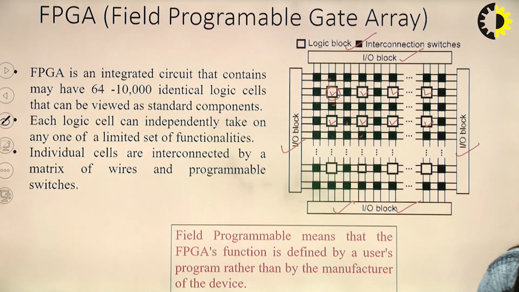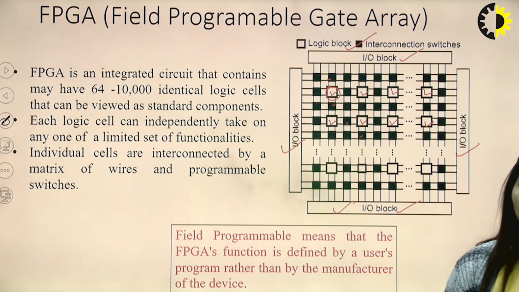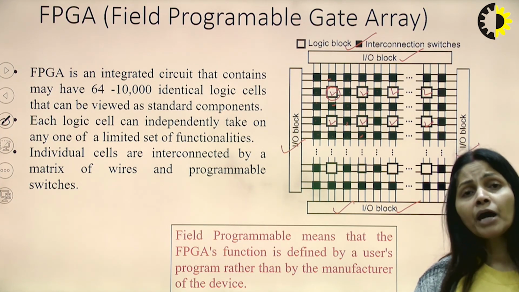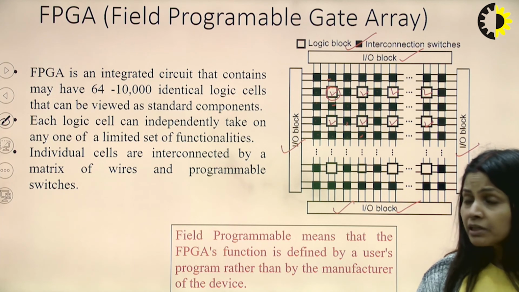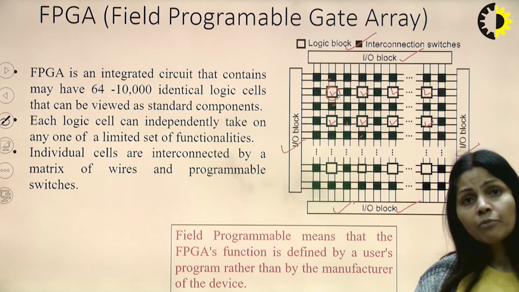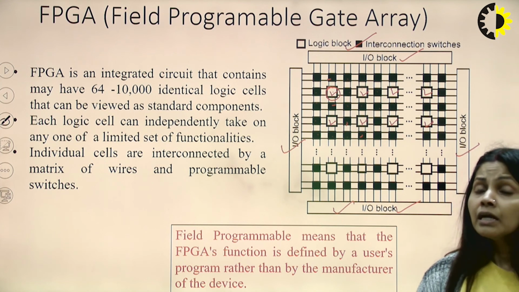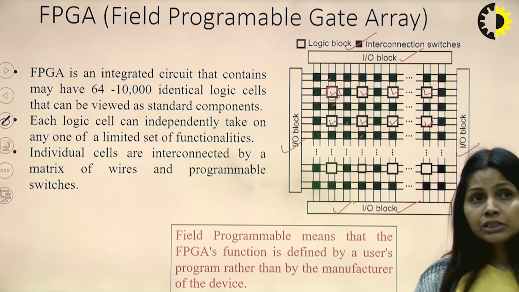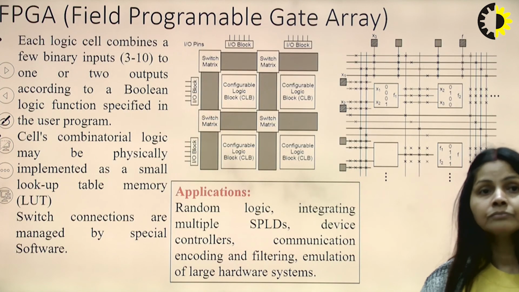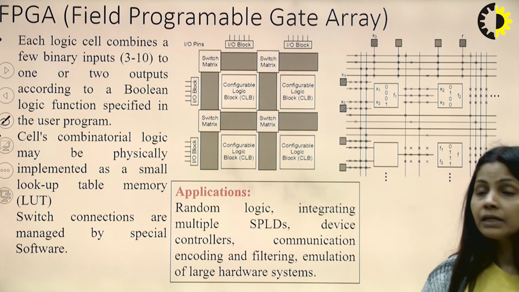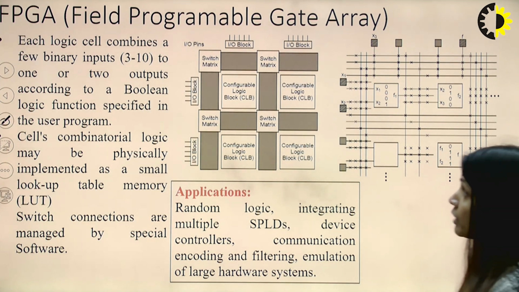Field programmable arrays are meant to be programmed by users, and they are not part of the manufacturer's work. That means if the connections and the logic blocks are given, the user can utilize them according to the application, right? Here is the expansion of the same thing: the configurable logic block.